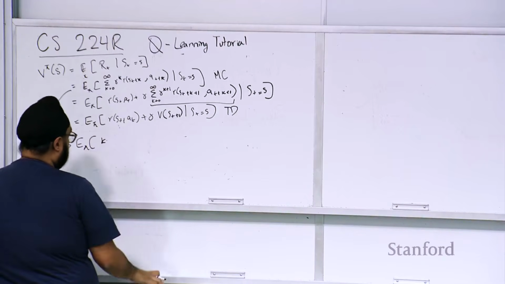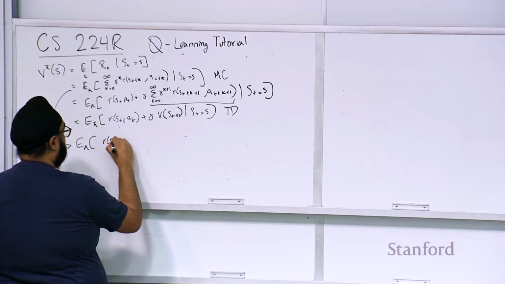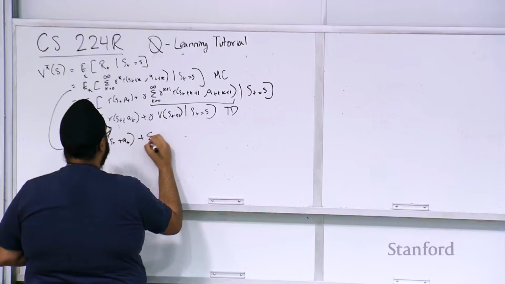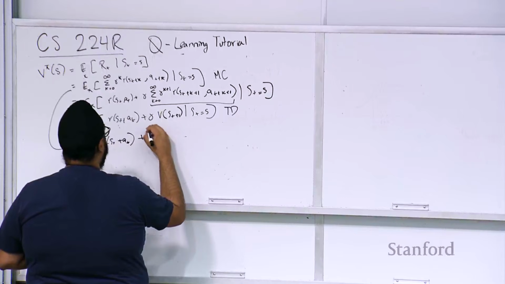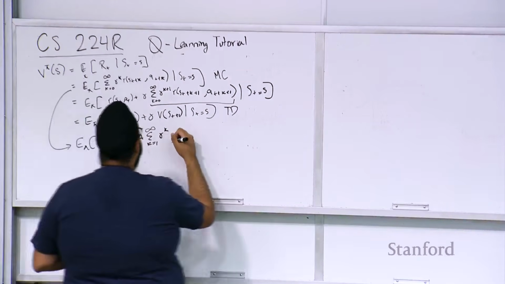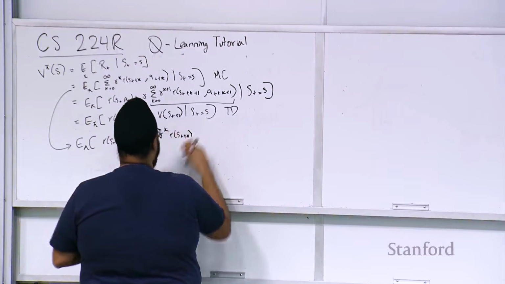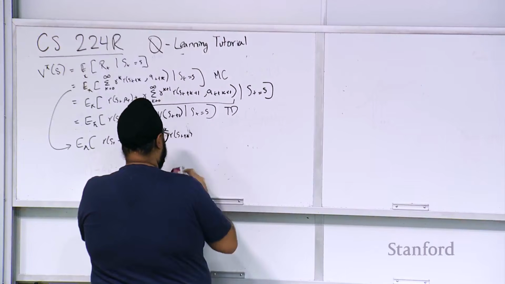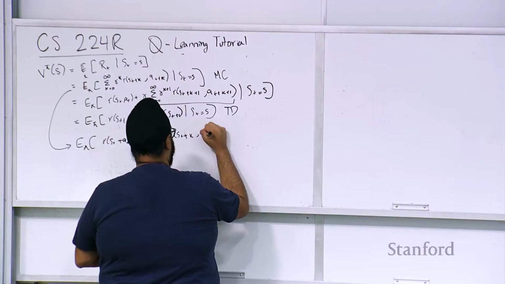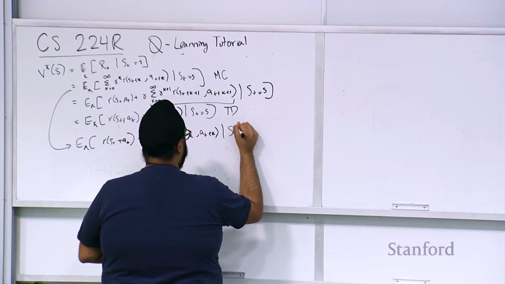If I look at the case where k equals 0, it's going to be r of st, at, plus the summation from k equals 1 to infinity of gamma to the k r of st plus k, at plus k, all given st equals s.